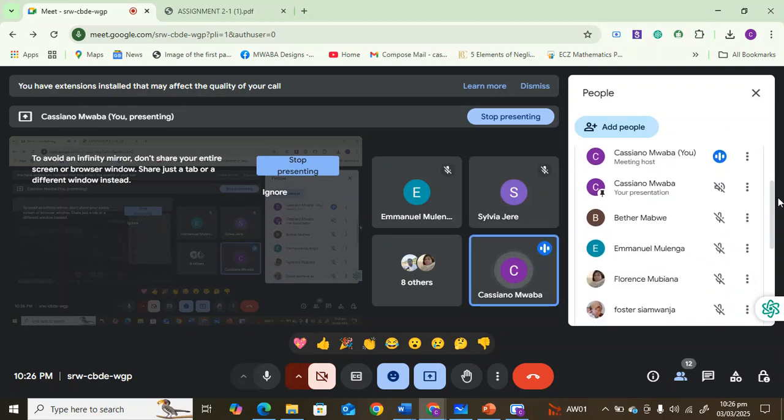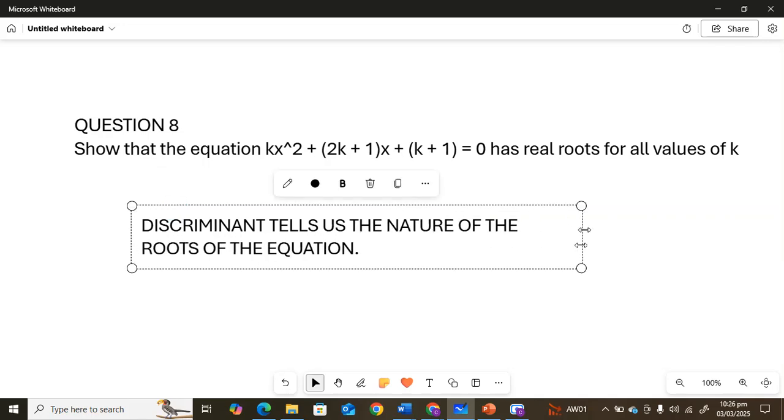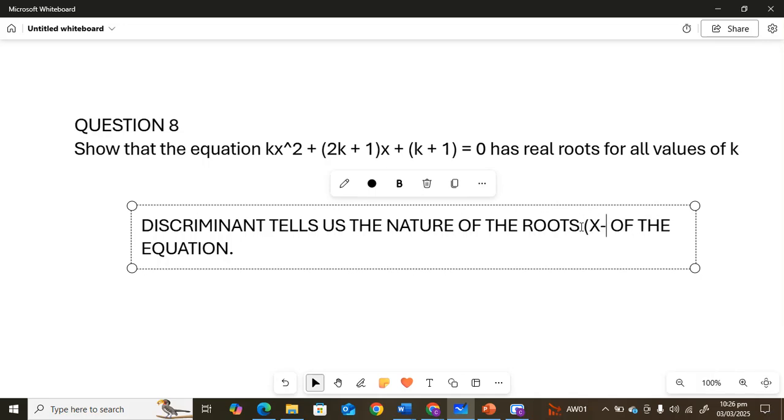the discriminant tells us the nature of the x values of the quadratic equation. It tells you the nature of the x values, which are called the roots.